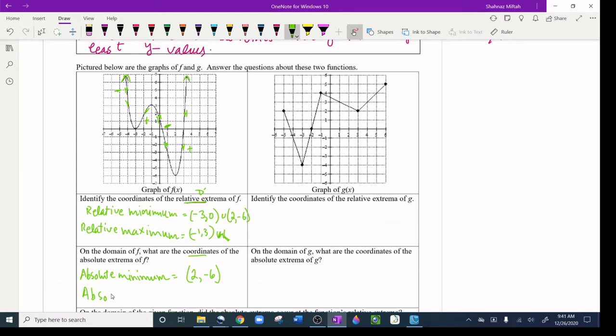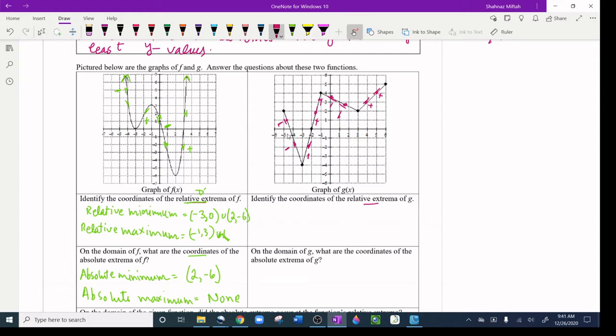So let's try the g of x graph. It says identify the coordinates of relative extrema of g. I'm going to draw tangent lines again. These are negative slopes. Up here, these are all positive slopes. These are all negative tangent slopes. These are all positive tangent slopes. For relative extrema, going from negative to positive, I'm at (-3, -4).